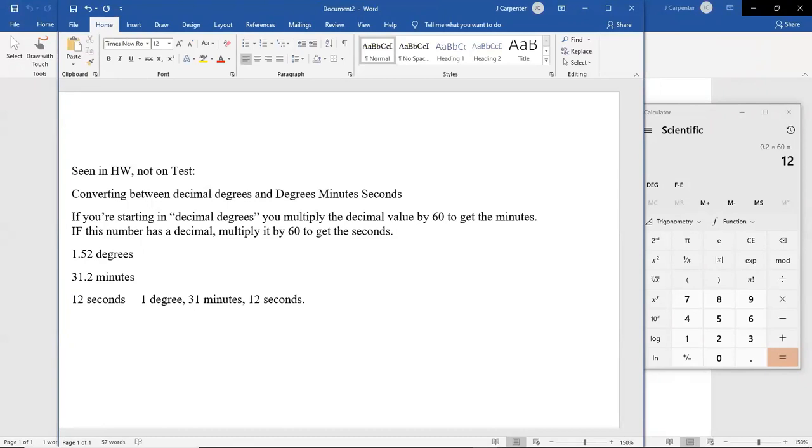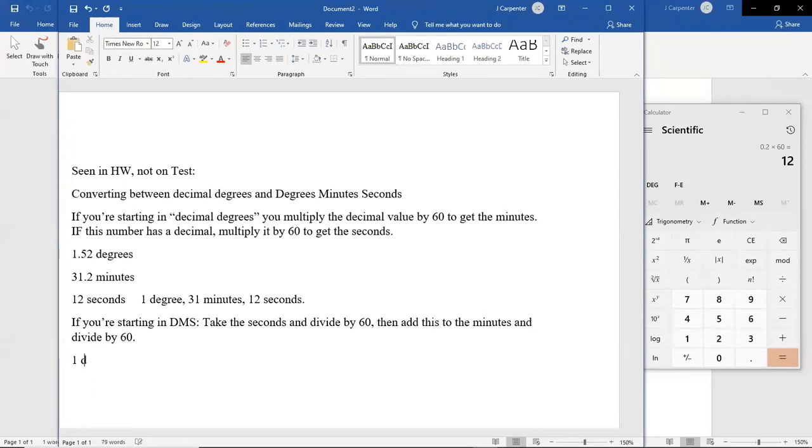Going the other way, starting in DMS, degrees, minutes, seconds, take the seconds and divide by 60. We're just doing the opposite, basically. And add this to the minutes and divide by 60. So let's work backwards.